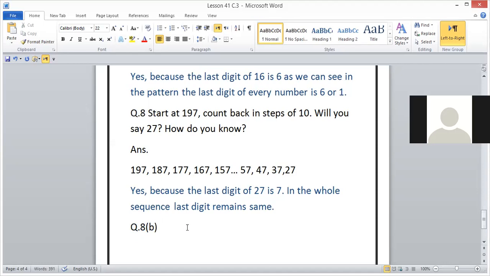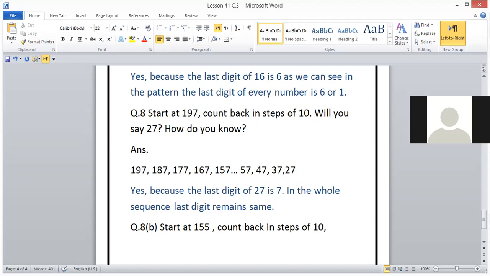So here we will start at 155 and count back in steps of 10.